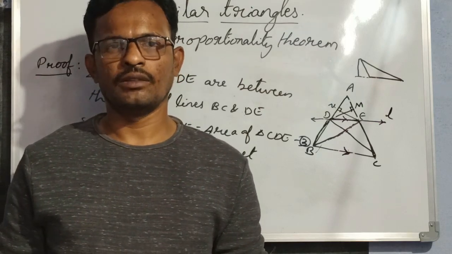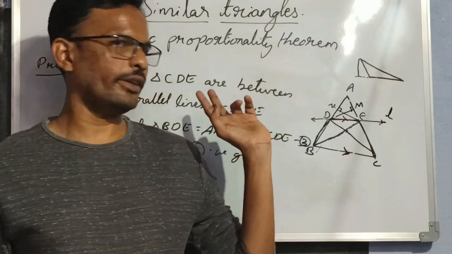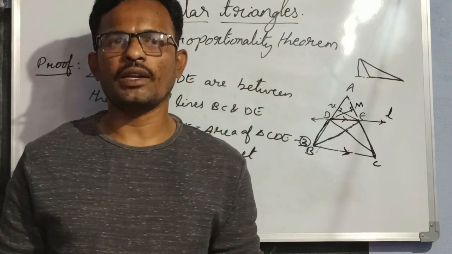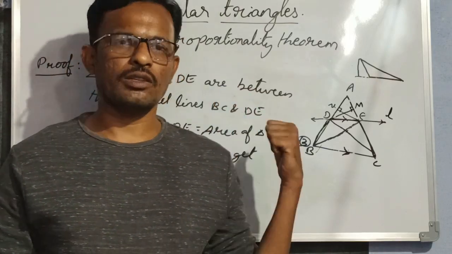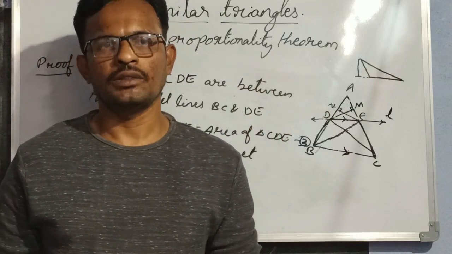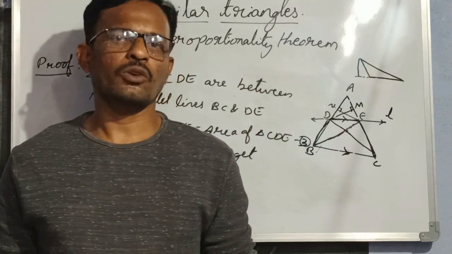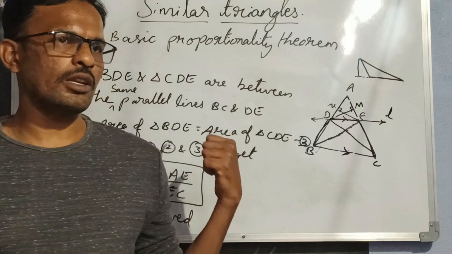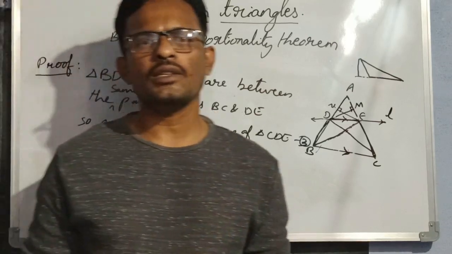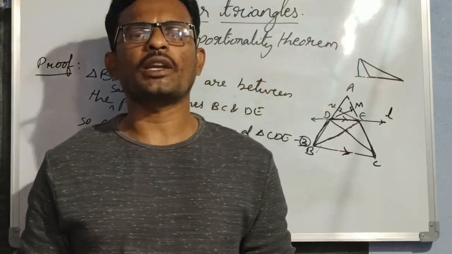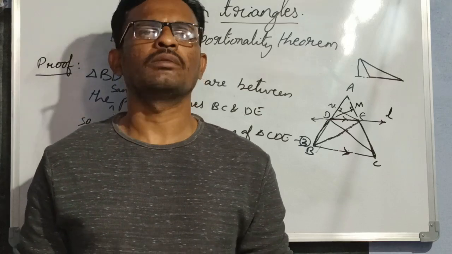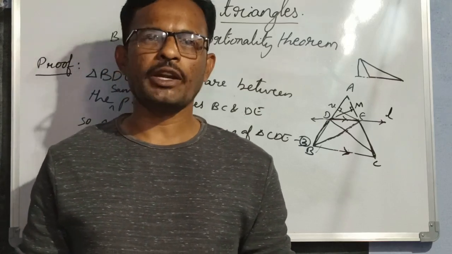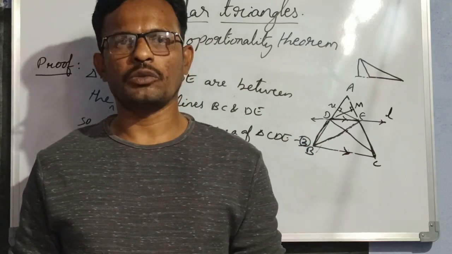This is not just numbers to understand and write, this is a conceptual topic. So this is my first concept in today's class, similar triangles, the very important basic proportionality theorem.